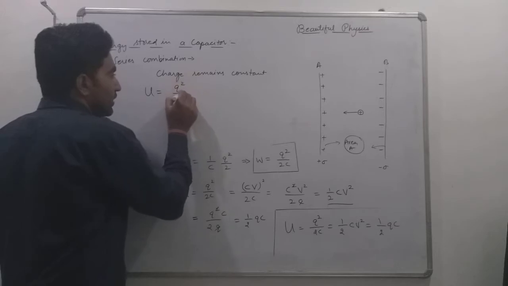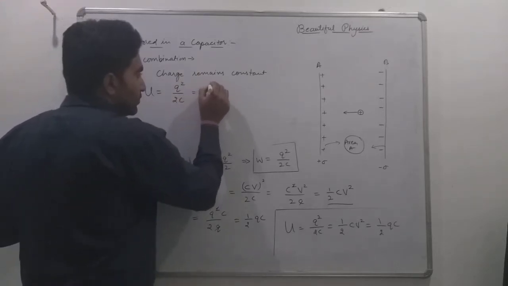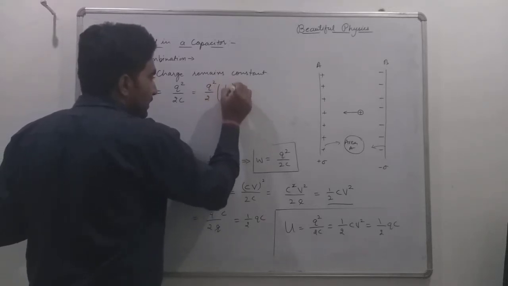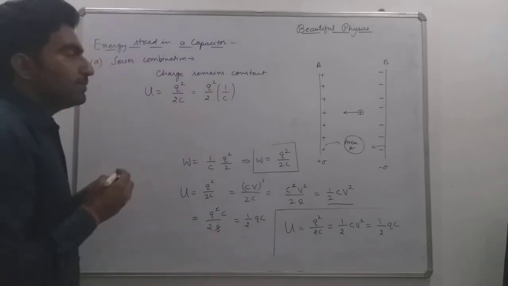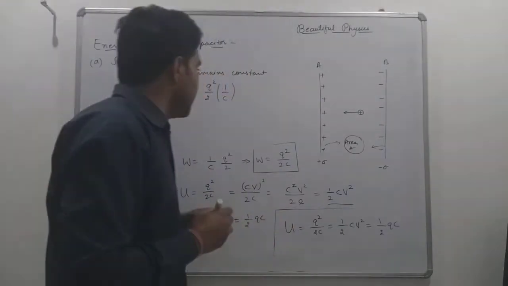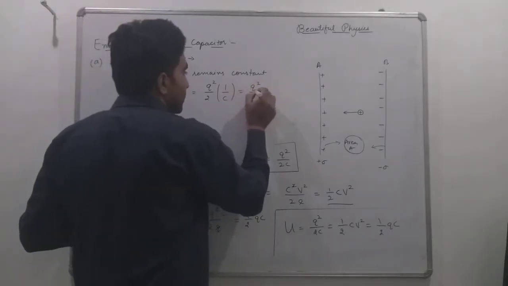It can be written as Q square divided by 2 into 1 by C, and we know that 1 by C represents the total capacitance of the series combination, so it will be equal to Q square divided by 2C.